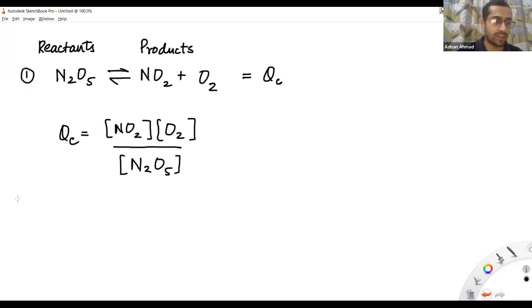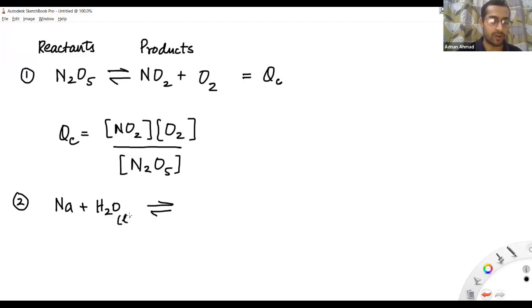Now we have another problem for which we need to write the equilibrium constant, and that is sodium when it reacts with water. So Na plus H2O, reacting reversibly.